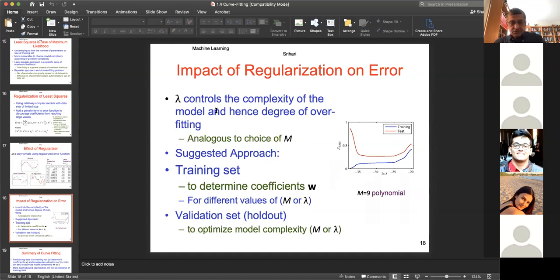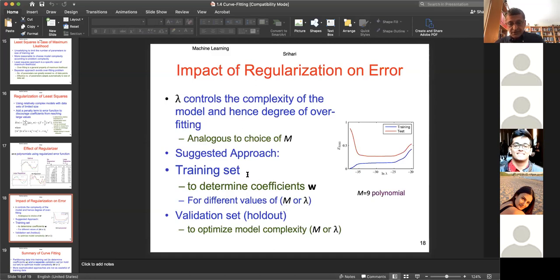And so they say lambda controls the complexity of the model and hence the degree of overfitting, analogous to choice of M. Now lambda becomes what's called a hyperparameter. And M, the number of model parameters, is also a hyperparameter.